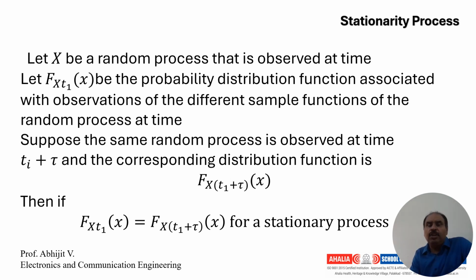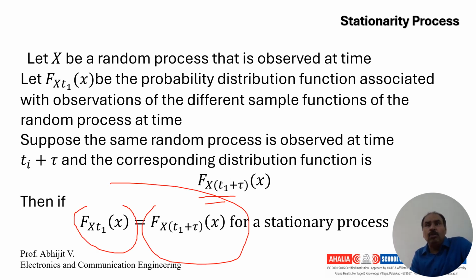So in this stationary process, you can observe that the probability distribution function Fx of t plus tau, that is Fx of t1, is equal to Fx of t1 plus tau. That means that the probability distribution is independent of time for any value of t.